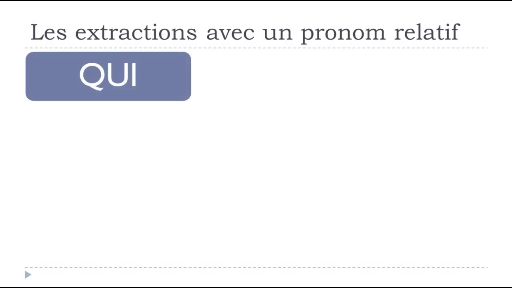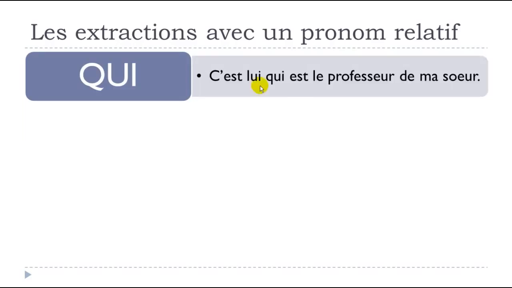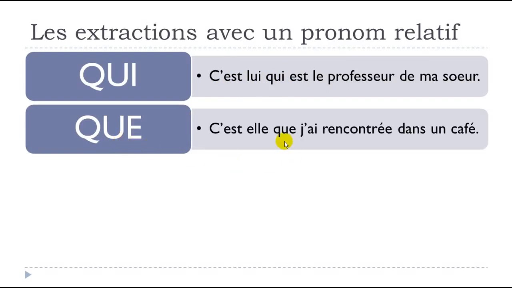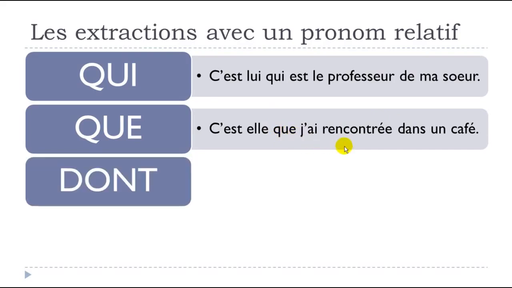Remember that we'll use qui. C'est lui qui est le professeur de ma sœur. In that case, qui is used just because it's the subject in the second part. Then que, because it will be complément d'objet direct, c'est elle que j'ai rencontrée. Que replaces la personne, so j'ai rencontré cette personne, it's complément d'objet direct, and it replaces this person.